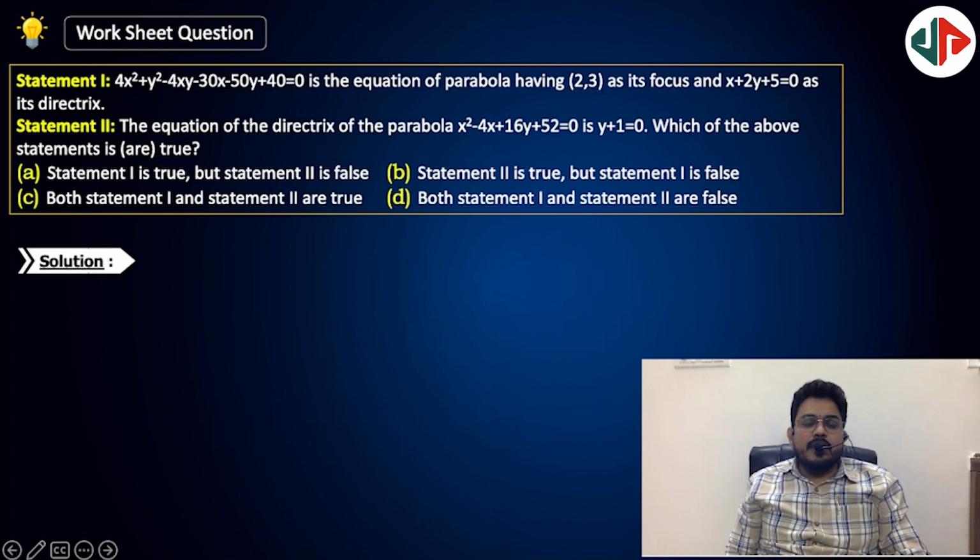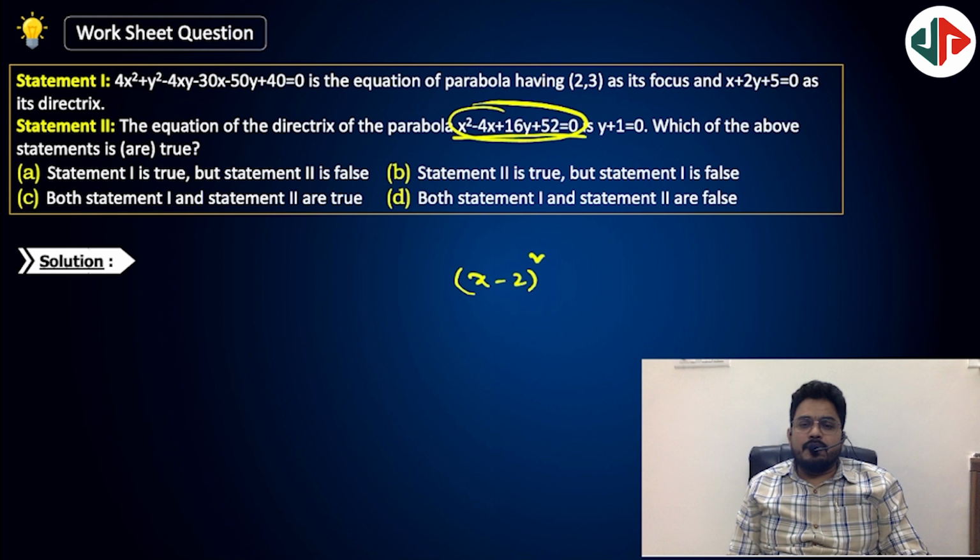Coming to statement 2, they are talking about what is the directrix of this equation? So, this is x minus 2 whole square plus 16y plus 48 is equal to 0. So it is x minus 2 whole square is equal to minus 16 times of y plus 4.